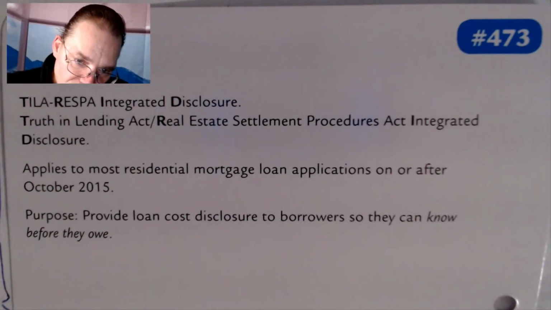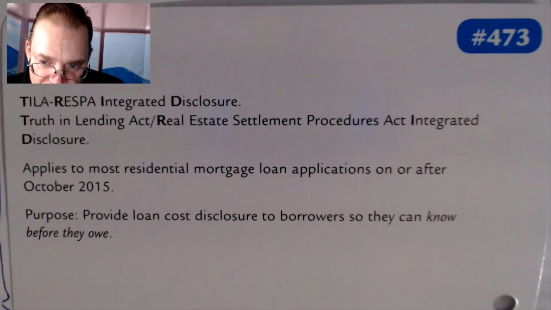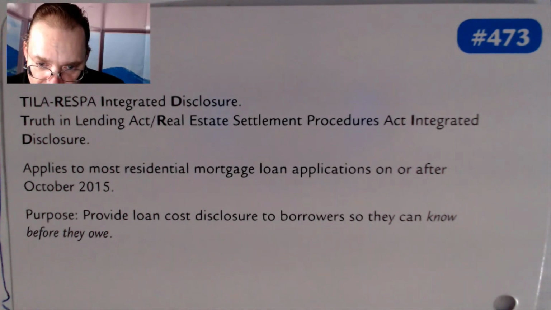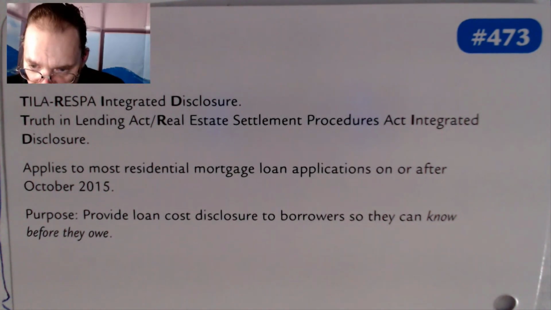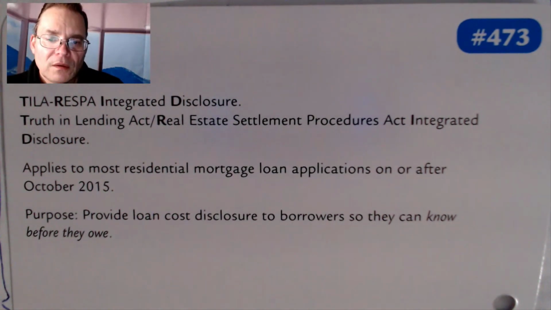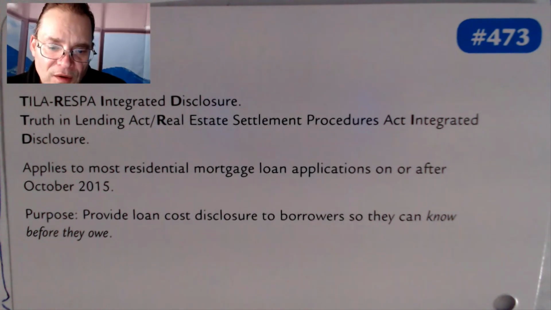Applies to most residential mortgage loan applications on or after October 2015. The purpose: to provide loan cost disclosure to borrowers so they can know before what they owe. The previous statement, the HUD-1 Statement, is also a known disclosure. Okay?